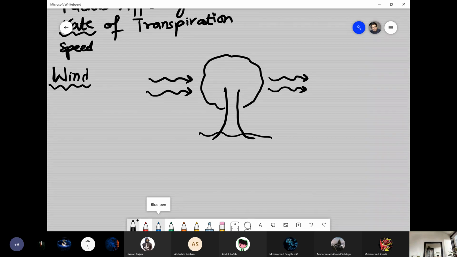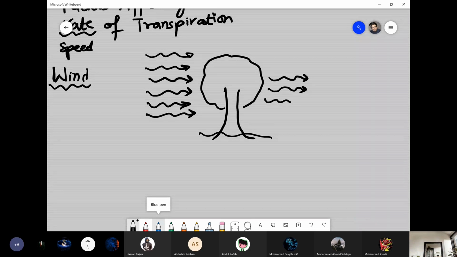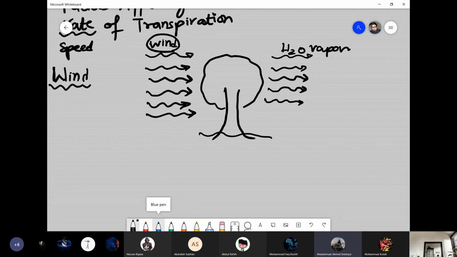But what happens if the wind becomes faster? When the wind becomes faster, it will take more water vapors away. So this is representing wind and this is representing water vapors.